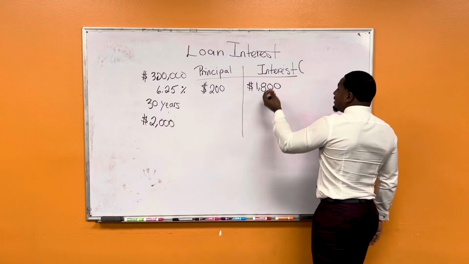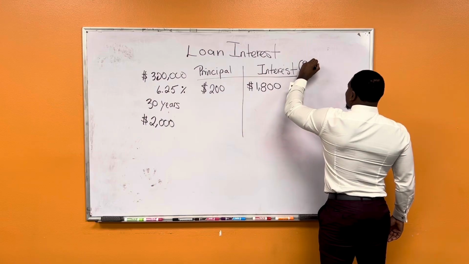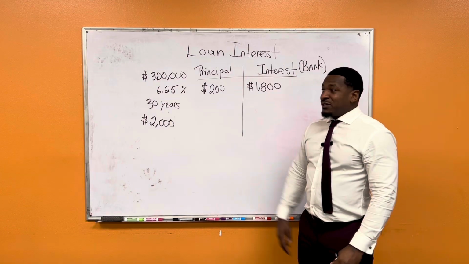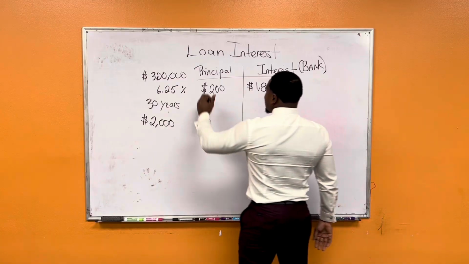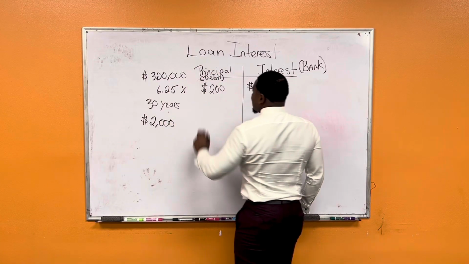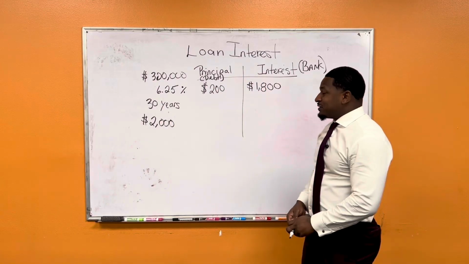And interest is only a cute way to just say bank money. That's going to the bank. Principal is just a cute way to say debt. It's just going to your debt. I already told you what a principal is.